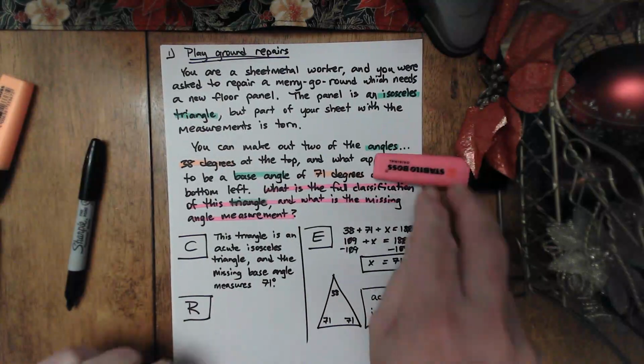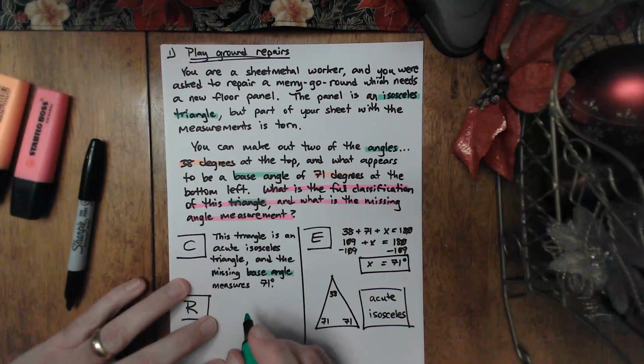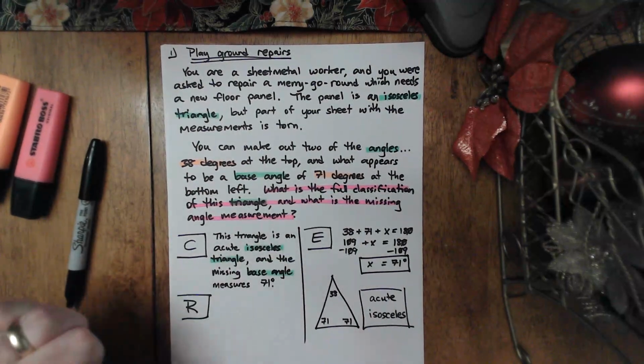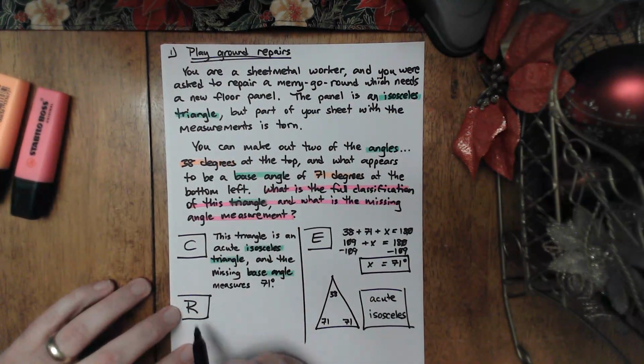Now I threw base angle in there kind of as a bonus. All right, but I'm going to go ahead and highlight the vocabulary that I intentionally used as part of my response. Okay, and then I'm going to come down to reasoning.